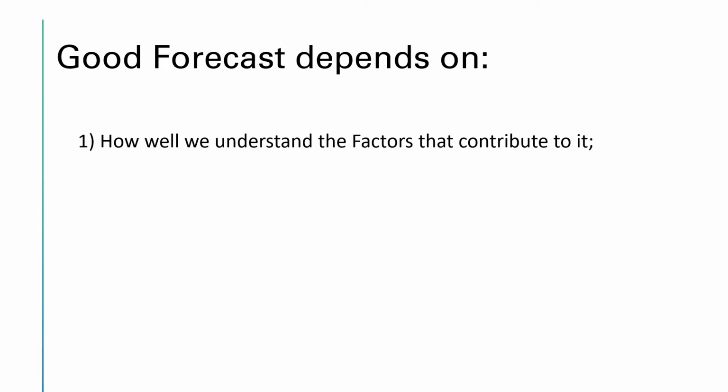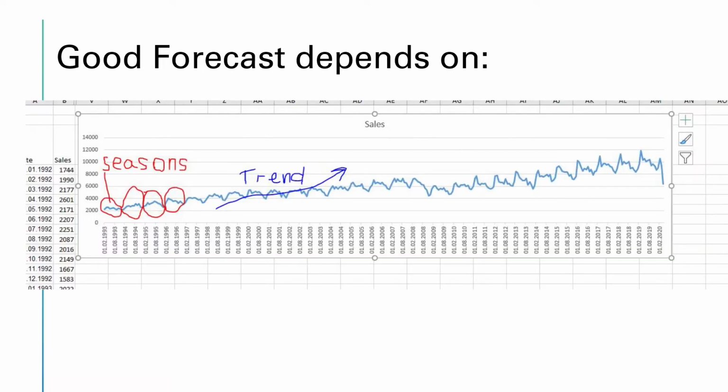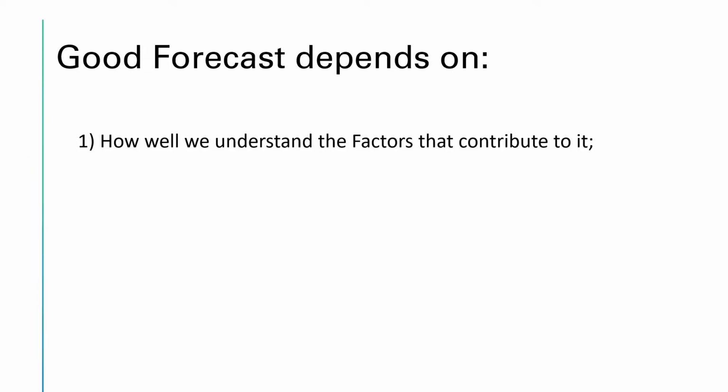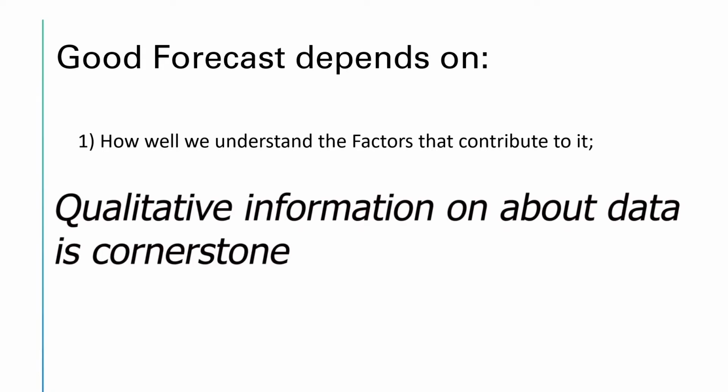The next topic is that a good forecast depends on how well we understand the factors that contribute to it. When we start the forecasting process, we should plot the data on a line chart and try to assess its seasonality, trend and levels. In general, handling seasonality is difficult. Qualitative information about the data may help with this task. Seasonality can be confusing.